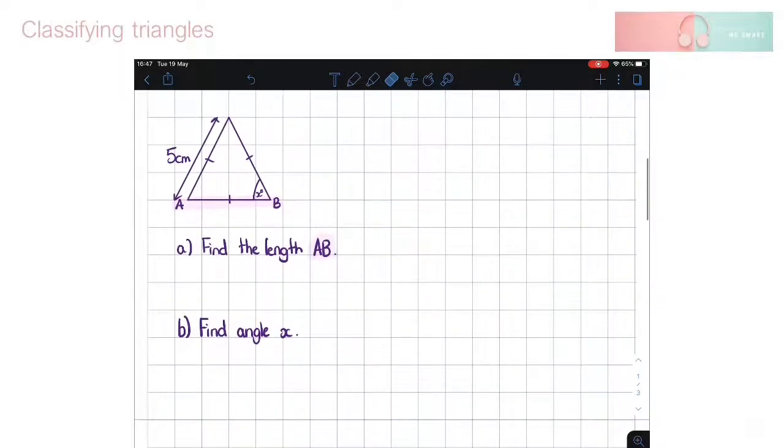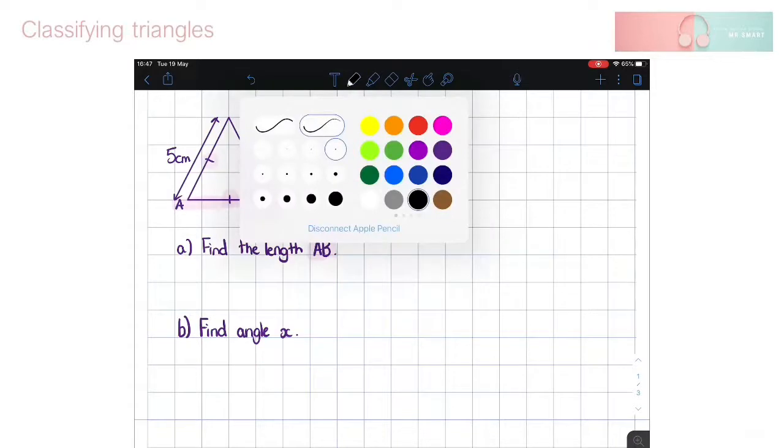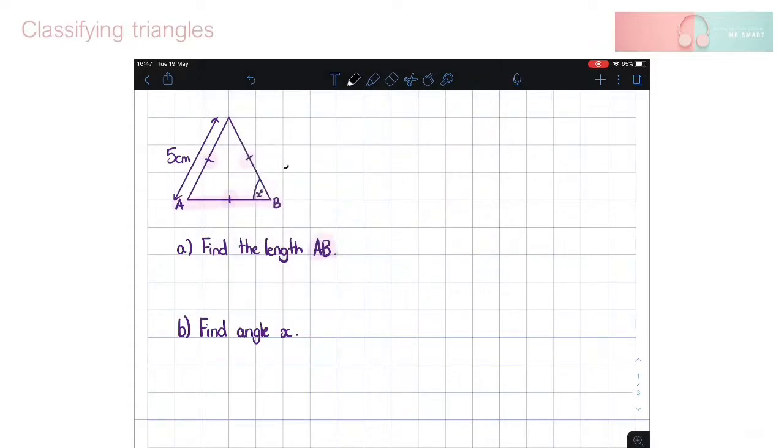Let's have a look at this triangle. It says, firstly, find the length AB. Well, let's have a look at the features of this triangle. It looks like all three sides are equal, and we can see that because of the labelling of the sides here. That means that this triangle must be equilateral. This is an equilateral triangle, so we can say that all three sides are equal and all three angles are equal.